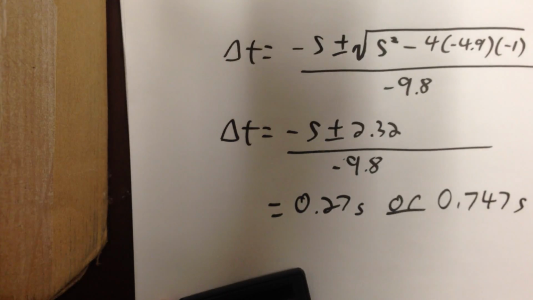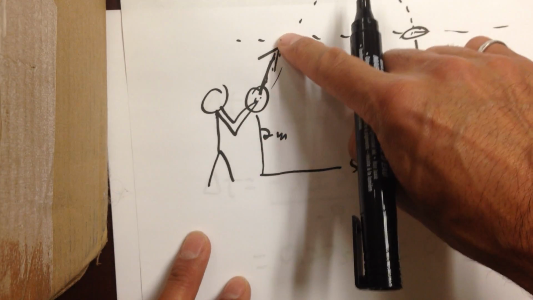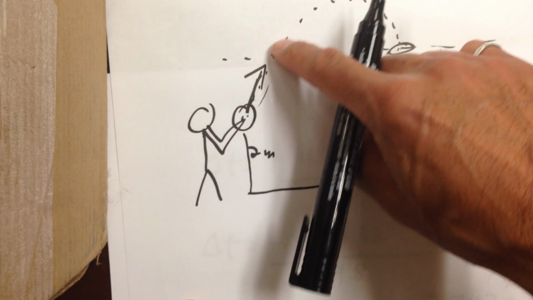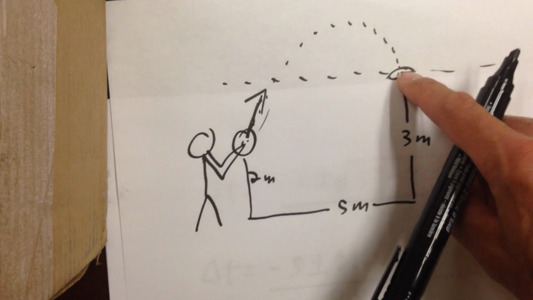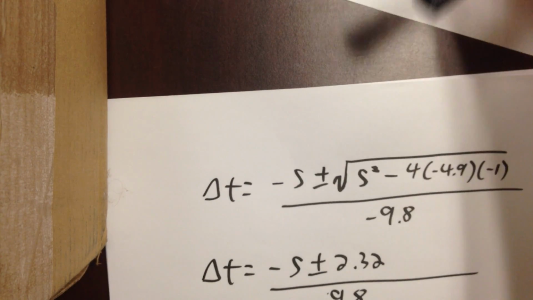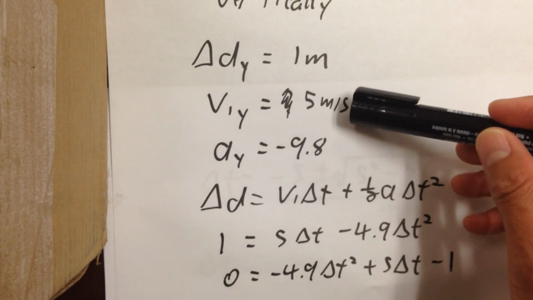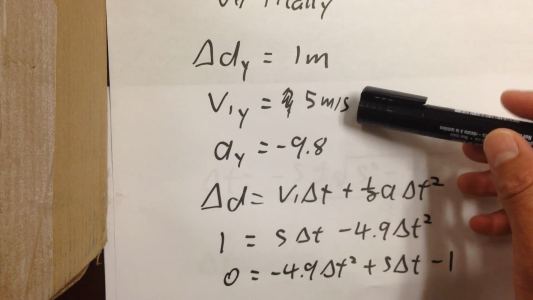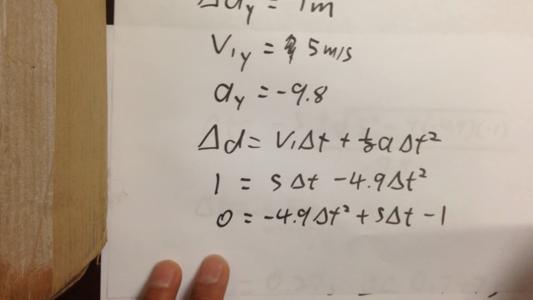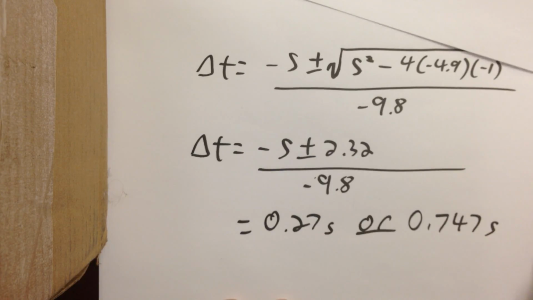The way I'll interpret this is after 0.27 seconds, the ball is at the height of the net on the way up. And after 0.747 seconds, the ball is at the height of the net on the way down. That's the one I'm choosing. So what this means is with an initial y component of my velocity at 5 meters per second, I'll be at the right height after exactly 0.747 seconds.